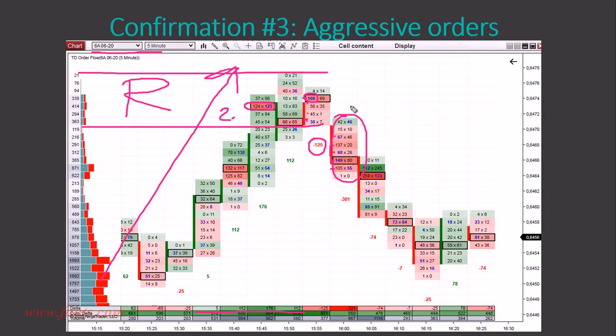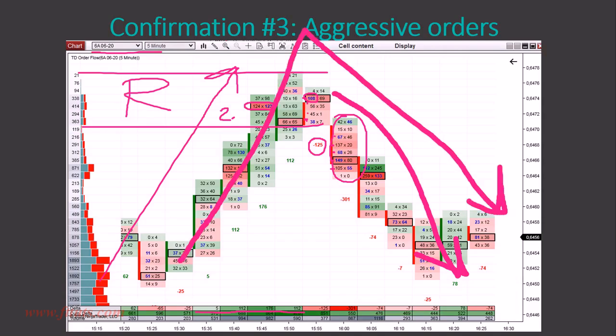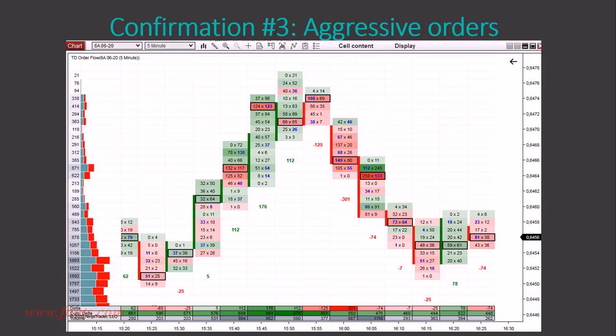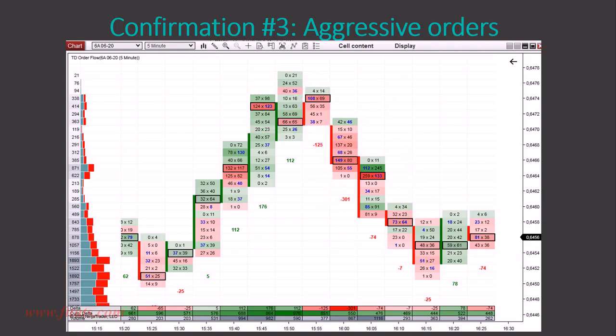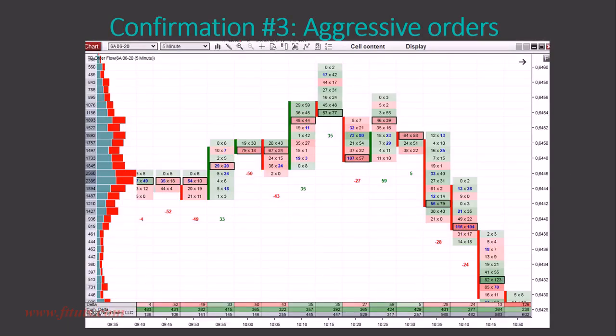So that's aggressive sellers dominating the market and pushing the price aggressively downwards. All right, this is how rejection of higher prices should look on the order flow. Absorption or a limit order, and then aggressive sellers start to jump in. Everybody wants to join the party, right?